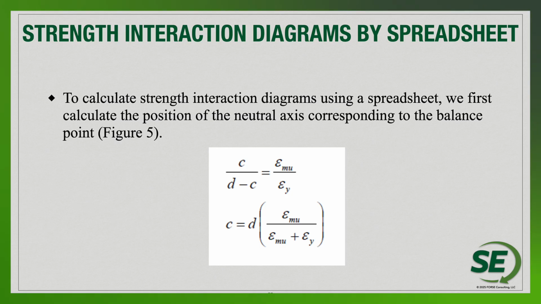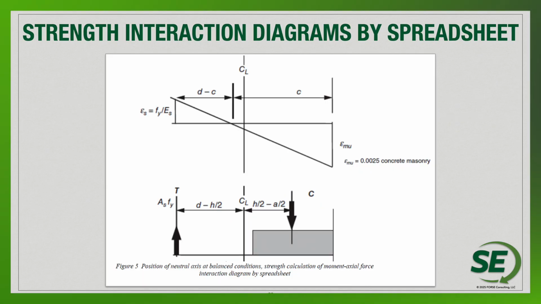And so you can see, again, calculate the position of the neutral axis corresponding to the balance point. And again, you can see D would be where the reinforcement is located to the compression face. C is going to be where that balance point is, between the epsilon mu for concrete masonry and epsilon steel for the actual steel that we're utilizing.